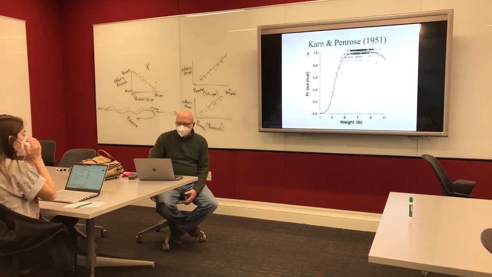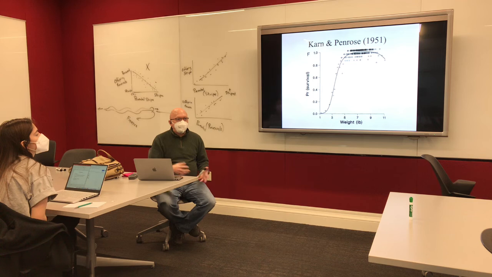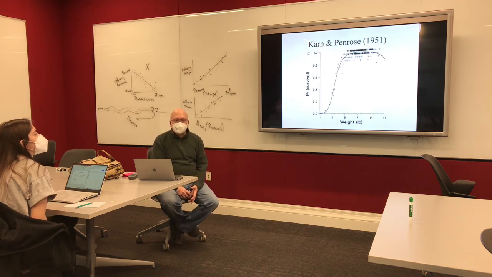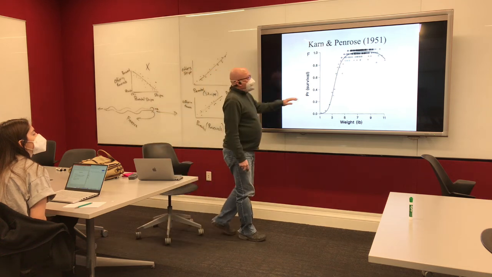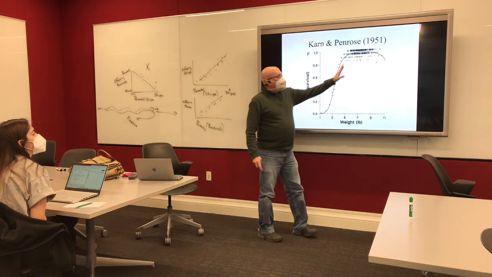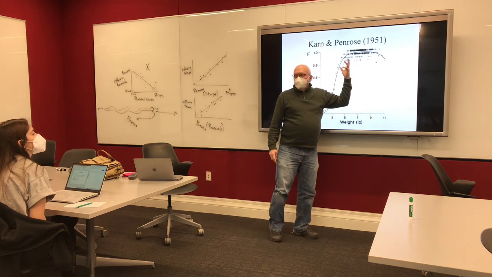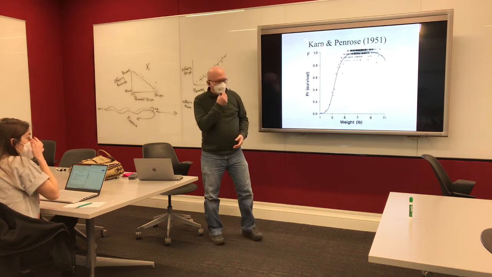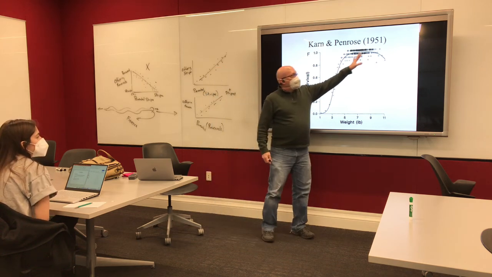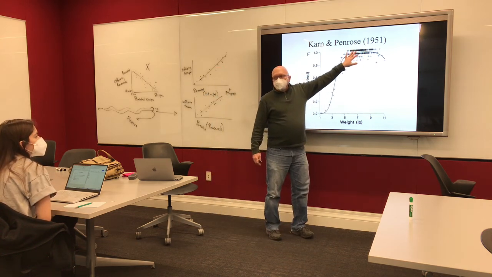We have constraints in humans. This is human birth weight data. So this is the weight of babies at birth, and the probability of survival. If you're an average size baby at birth, this is from 1951, so this was back in the days before C-sections were common, you do fine in terms of probability of survival.